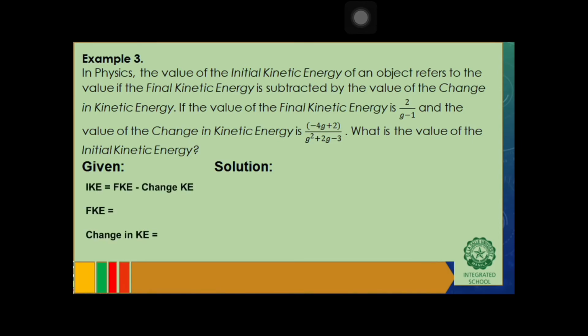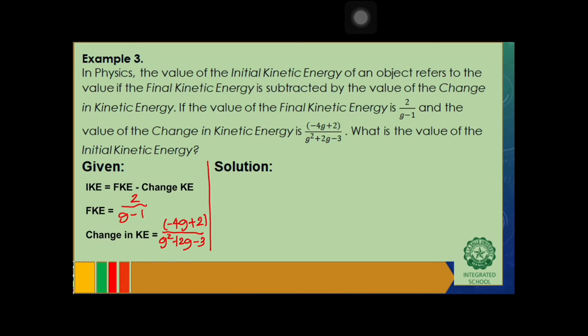To help us answer this problem, take note of the following formulas. Initial kinetic energy is equal to the final kinetic energy subtracted by the change in kinetic energy. Our value for the final kinetic energy is 2 over g minus 1, while the value for the change in kinetic energy is negative 4g plus 2 all over g squared plus 2g minus 3.